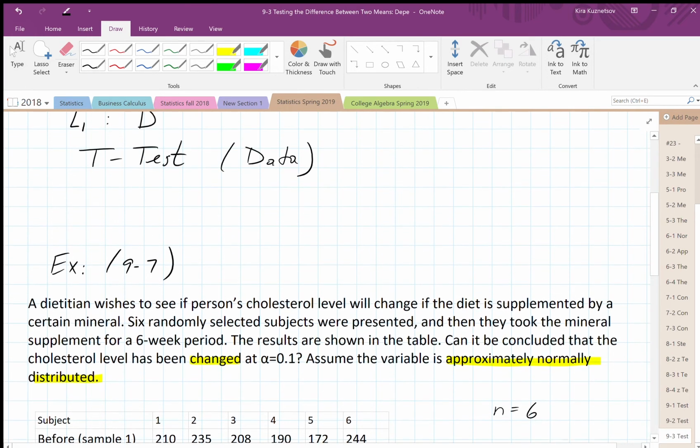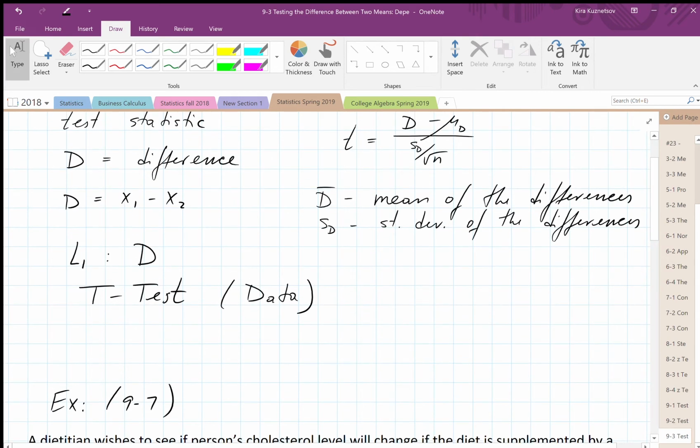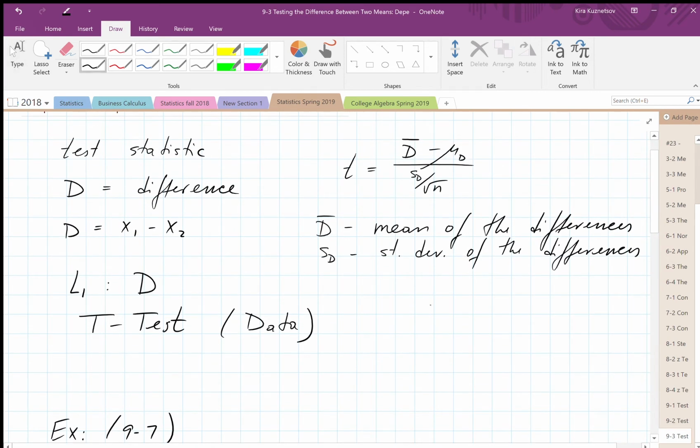Let me go back to my notes for a second. The null and alternative hypotheses for this particular section reflect the fact that I'm talking about the mean differences, and it should be 0. So mu sub d is equal to 0 will be your null hypothesis for every single problem in 9-3.